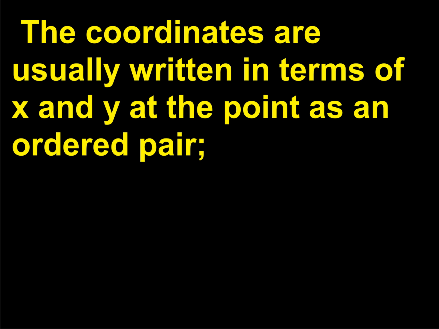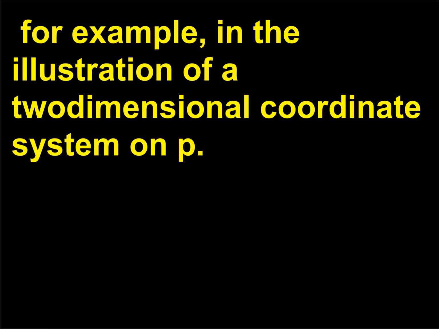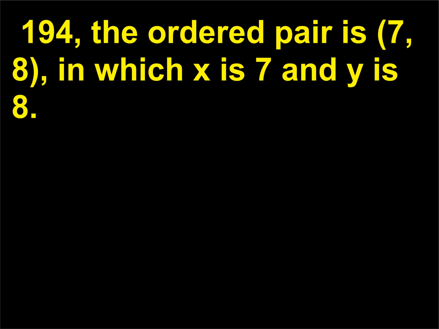The coordinates are usually written in terms of x and y at the point as an ordered pair. For example, in the illustration of a two-dimensional coordinate system on page 194, the ordered pair is 7, 8, in which x is 7 and y is 8.